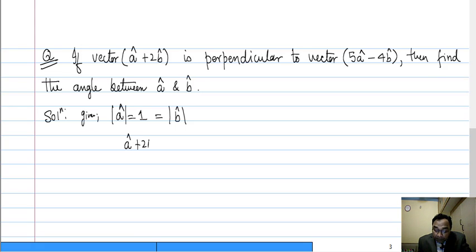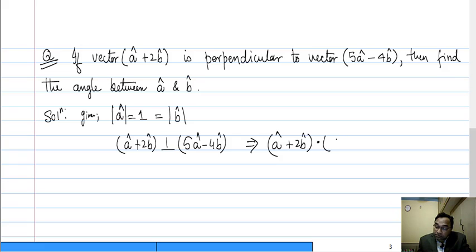It is given that a plus 2b is perpendicular to 5a minus 4b. What does this imply? This implies that the dot product of a plus 2b with 5a minus 4b should be 0, because they are perpendicular to each other.